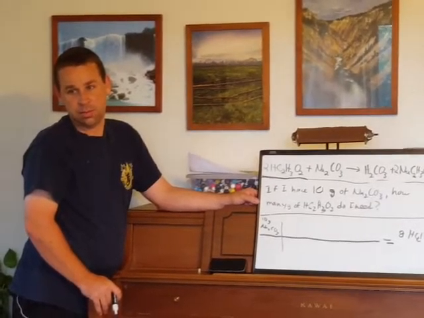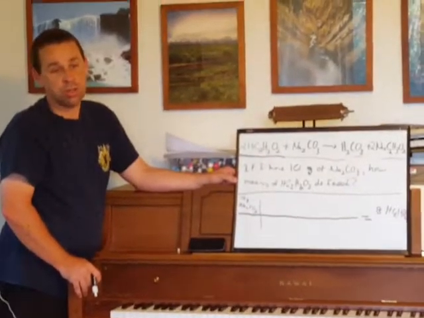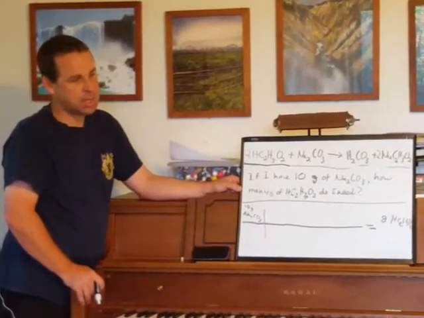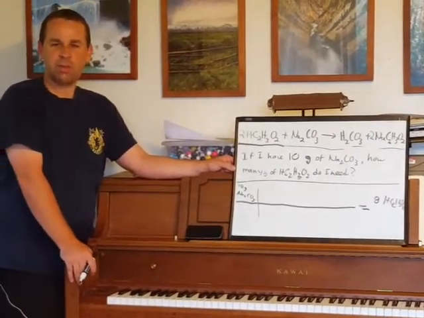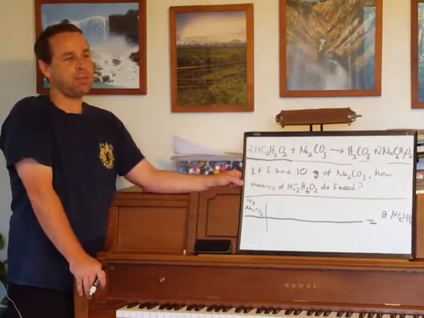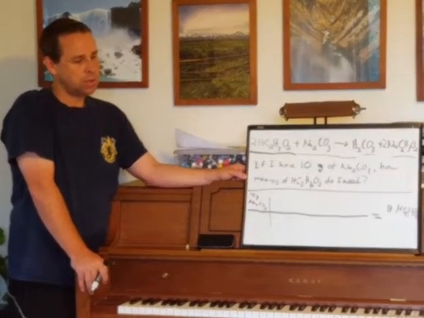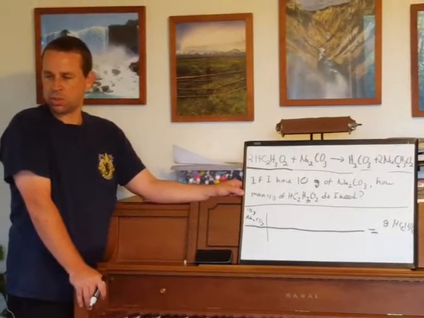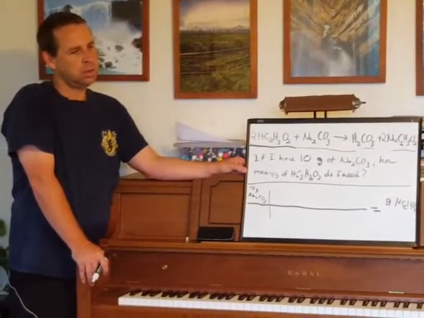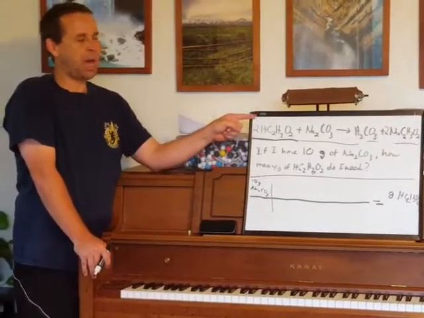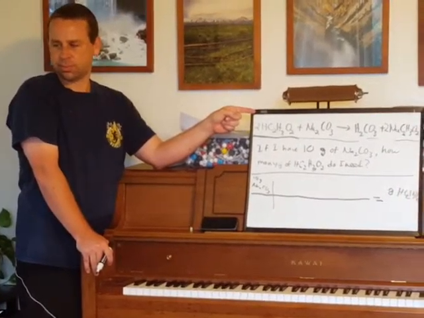Can't say that because the masses of these things are different from each other. Does that make sense? Very good. So we do have to go to that magical land of the what? Moles. That's right. We have to go to the land of the moles to use the power of this equation. All right?